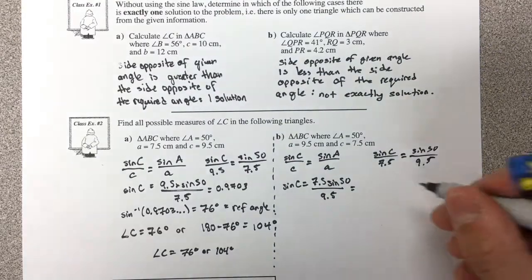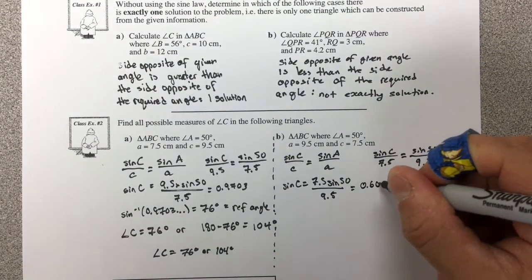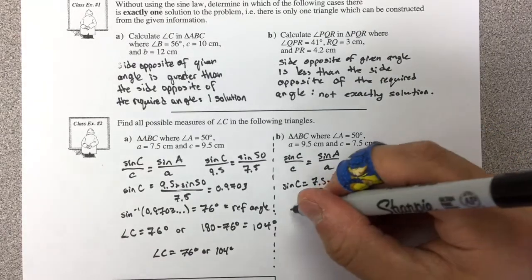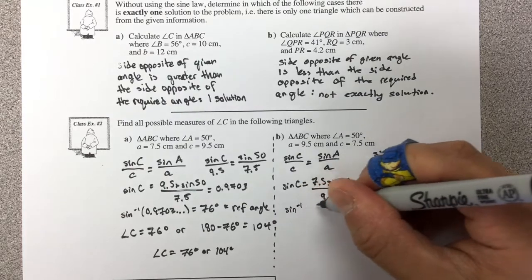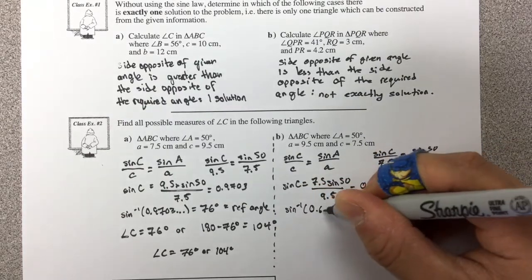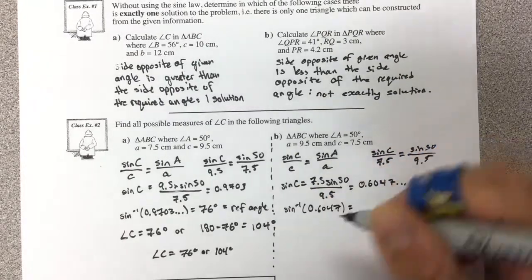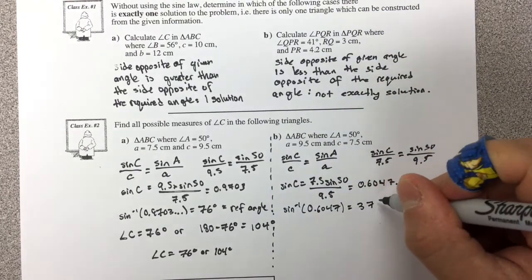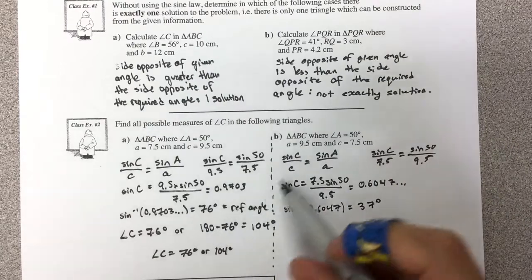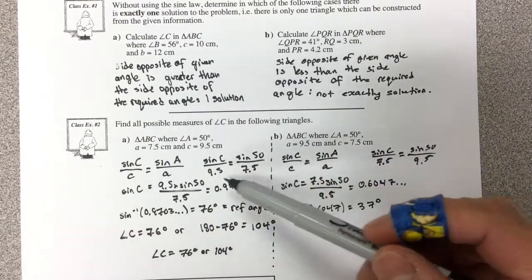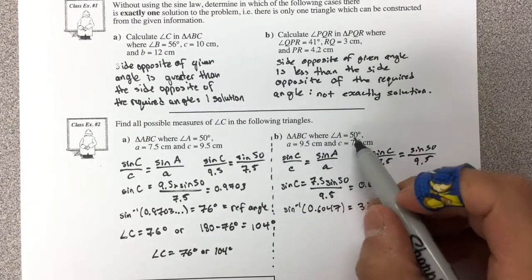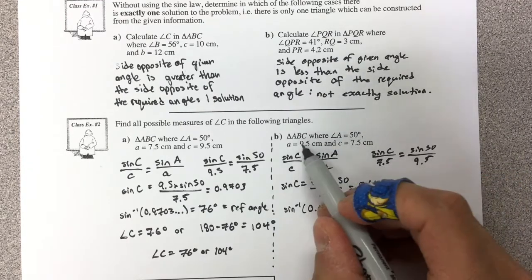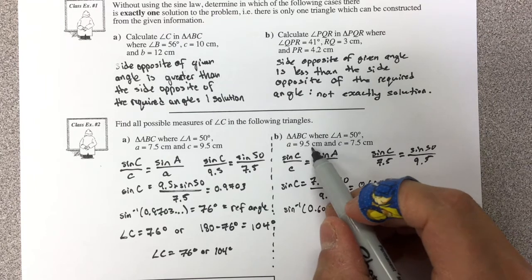This results in 0.6047. And if I take the inverse sine of this, I get 37 degrees. Now, remember, this is the opposite case of the previous one, where I have my given angle of 50 degrees, and my side opposite of my given angle, which is a, is 9.5 centimeters.